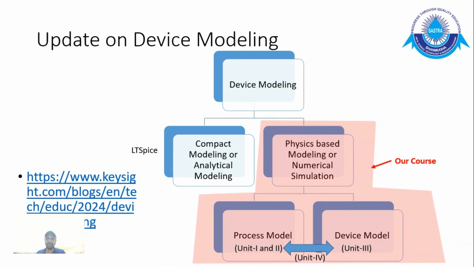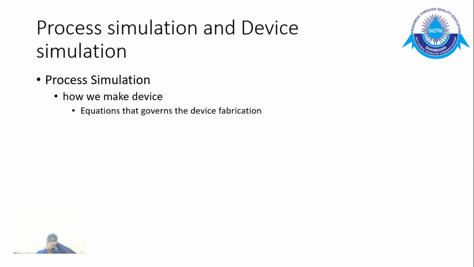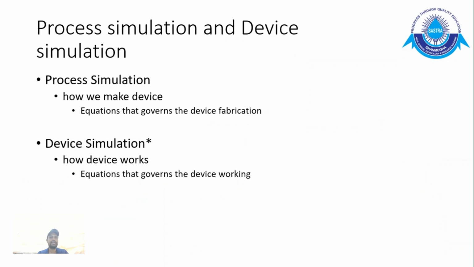Process simulation is how we make the device, the equations that govern device fabrication. Device simulation is how the device works, the equations that govern device working. You have to be very clear on this. One more thing, a word of caution: don't confuse device simulation with device modeling. Device modeling is a general name for all the models related to semiconductor devices.